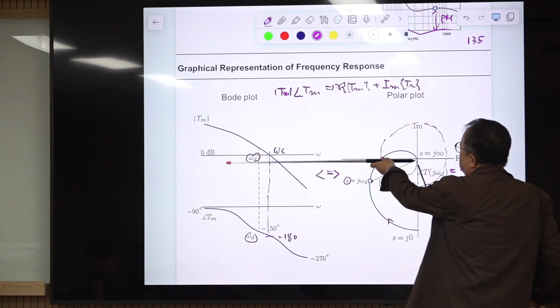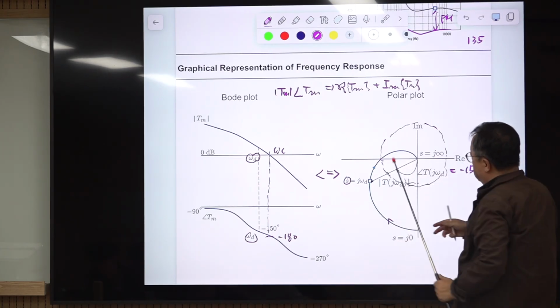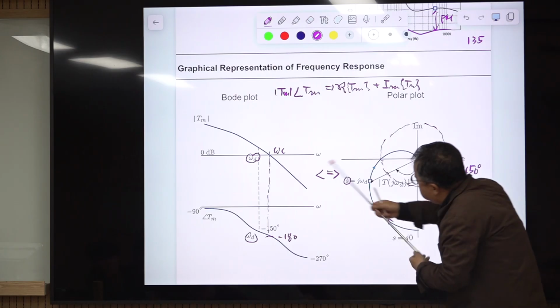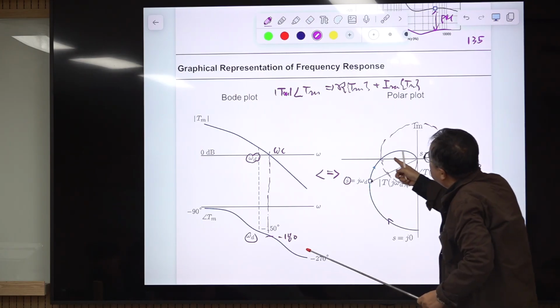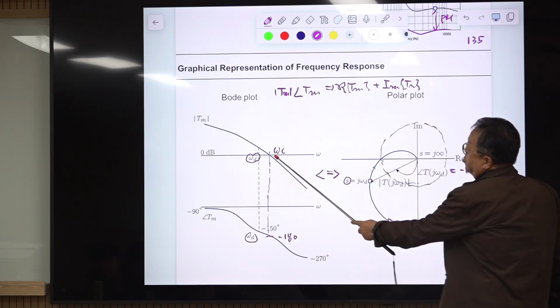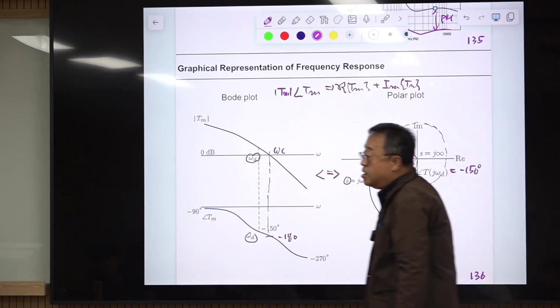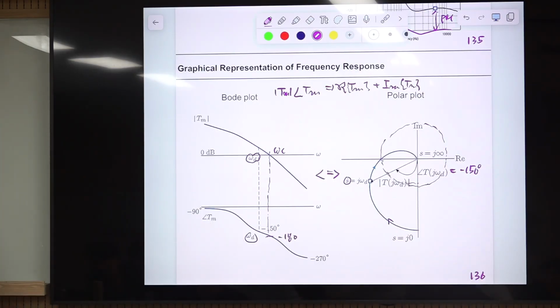It's somewhere here, okay. So at this point, it is on this line, and the magnitude is just 1, okay. That is what? That is this point, okay. It is on the unit circle, and this point should be the minus 1, 0 point, okay.